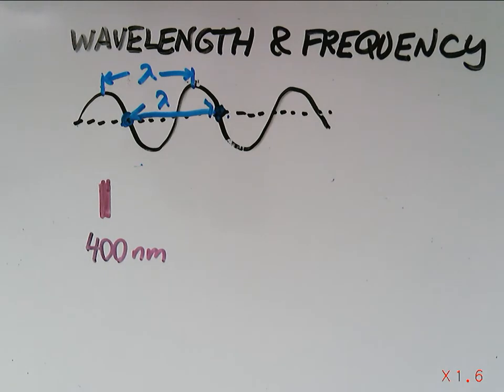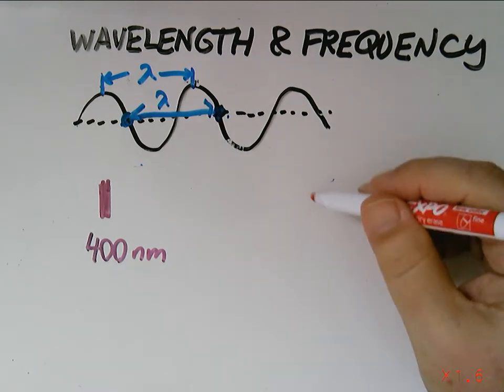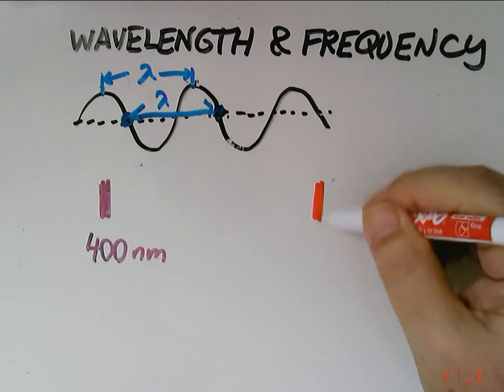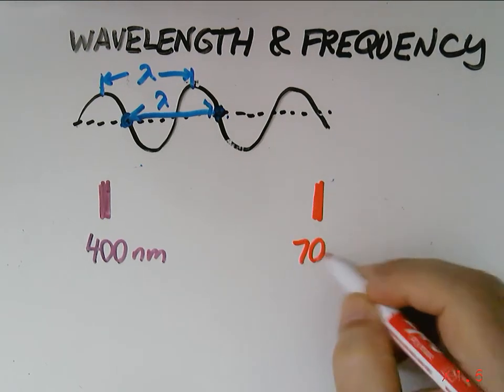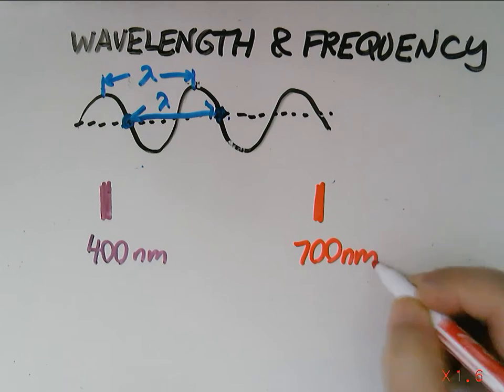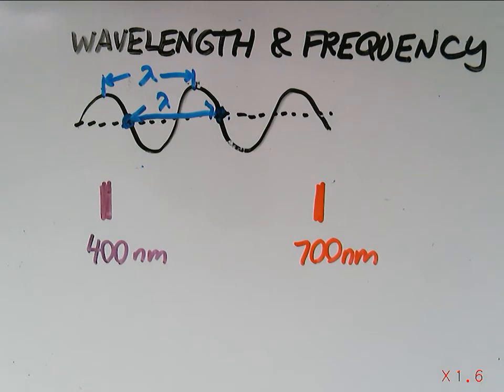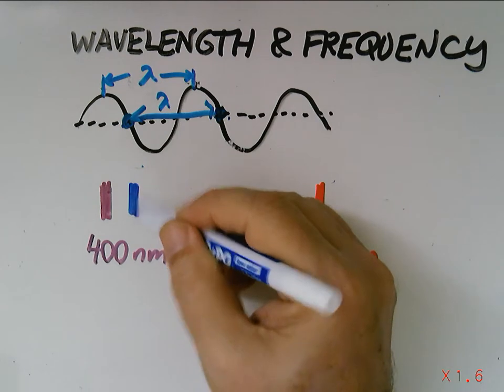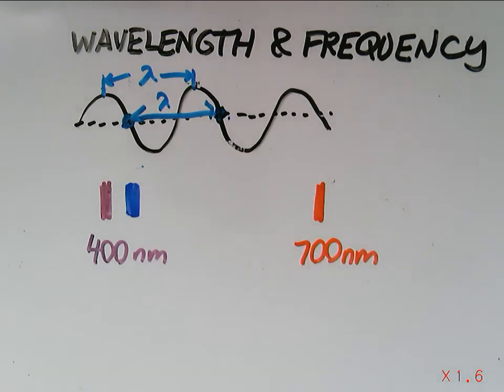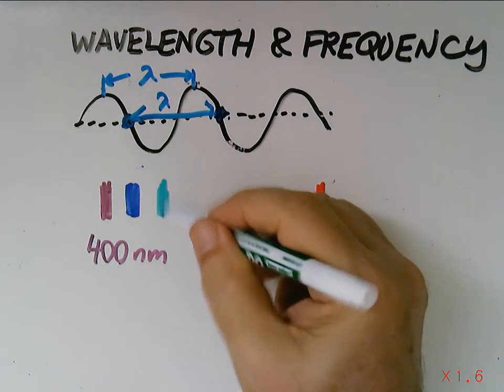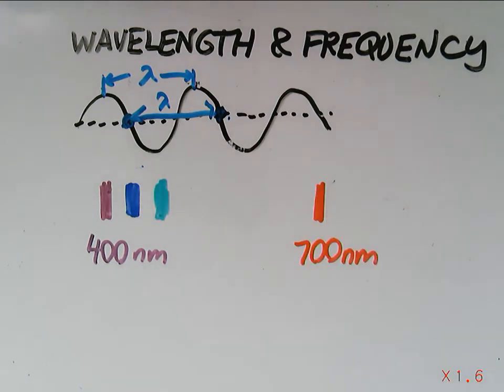If you've got red light, your wavelength is going to be about 700 nanometers. And you probably know from grade school that you can have all kinds of colors between there. After violet, you can have blue, and then you can have green, right? And then you can have yellow, and I don't have a yellow pen.